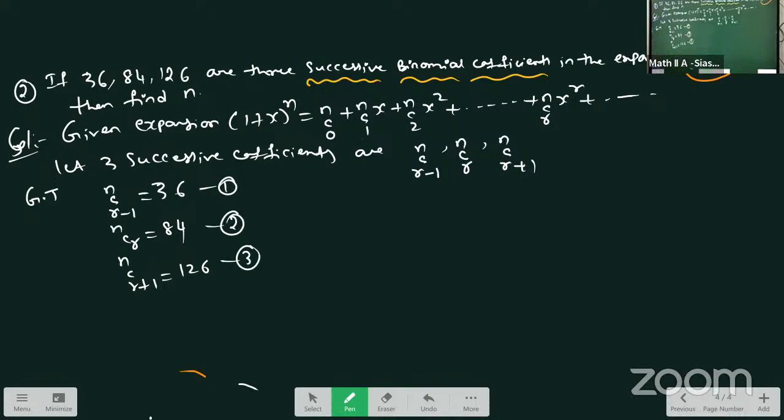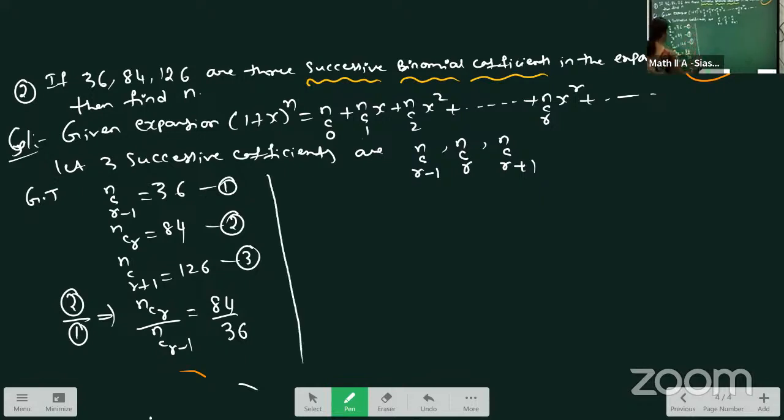Same process, divide equation 2 by equation 1. So NCr by NC(r minus 1) is equal to 84 by 36. Simplify, this can be written as (n minus r plus 1) by r is equal to 84 by 36.